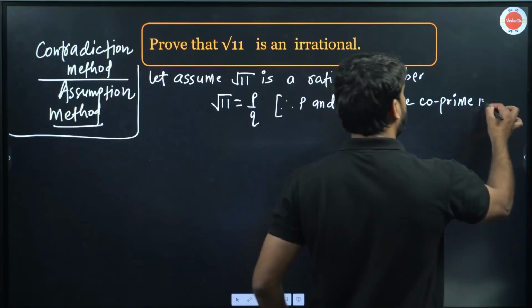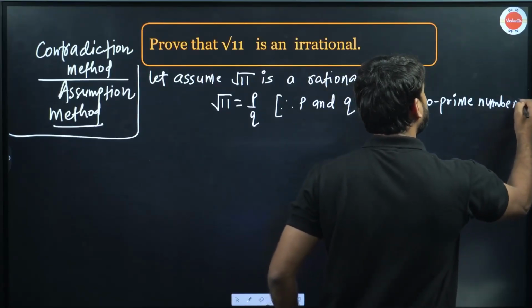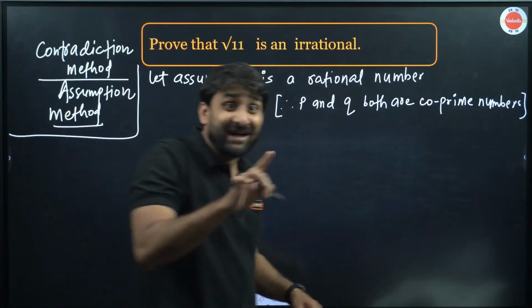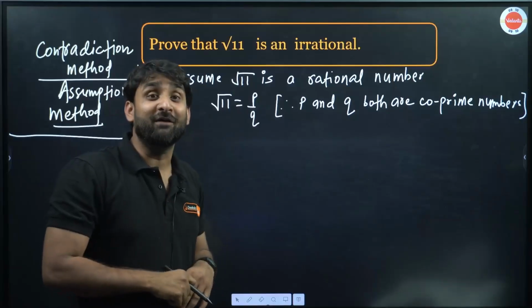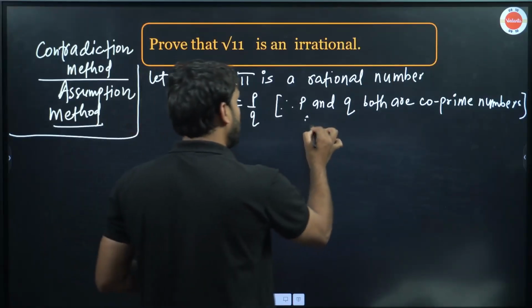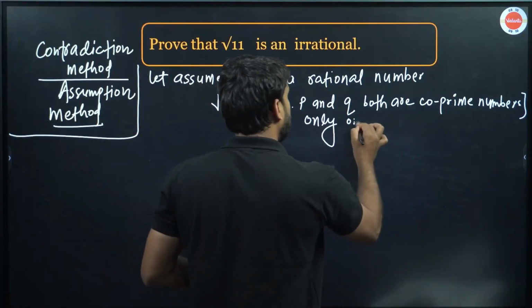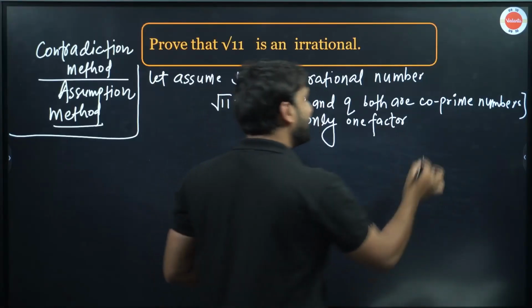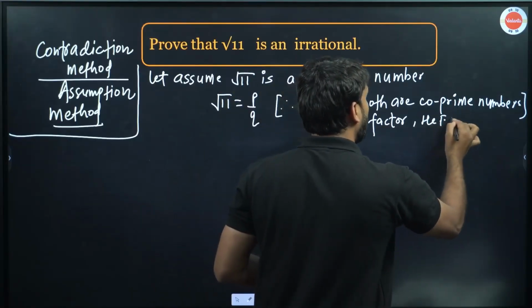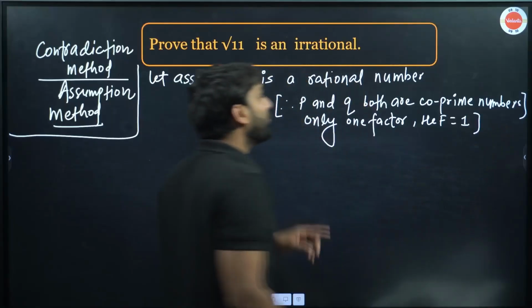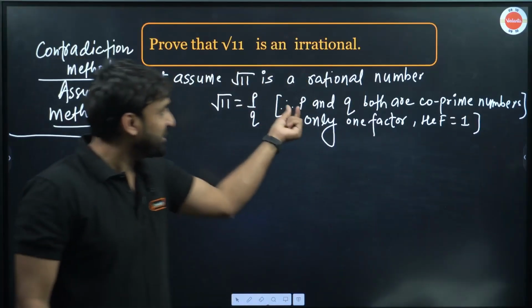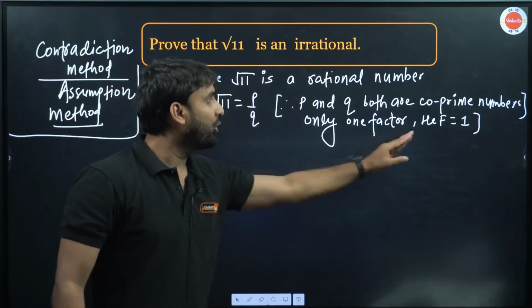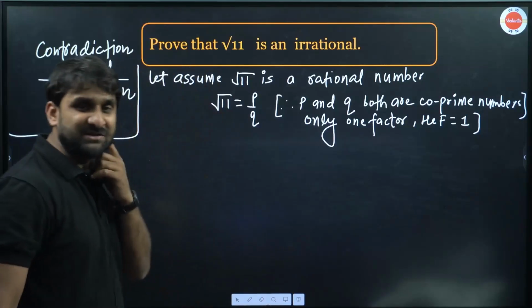What does co-prime numbers mean? It means P and Q both have only one common factor, and that is equal to 1. So 1 can divide P and Q. This is the assumption. P and Q both are co-prime numbers, so only one factor will be there. So HCF will be 1.